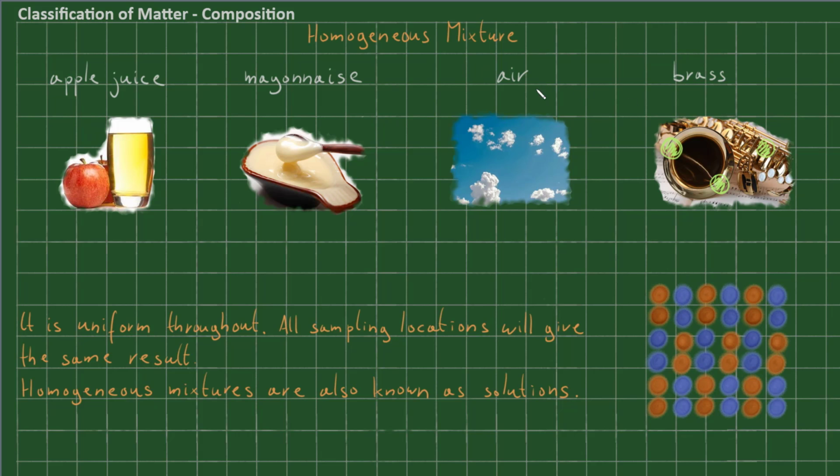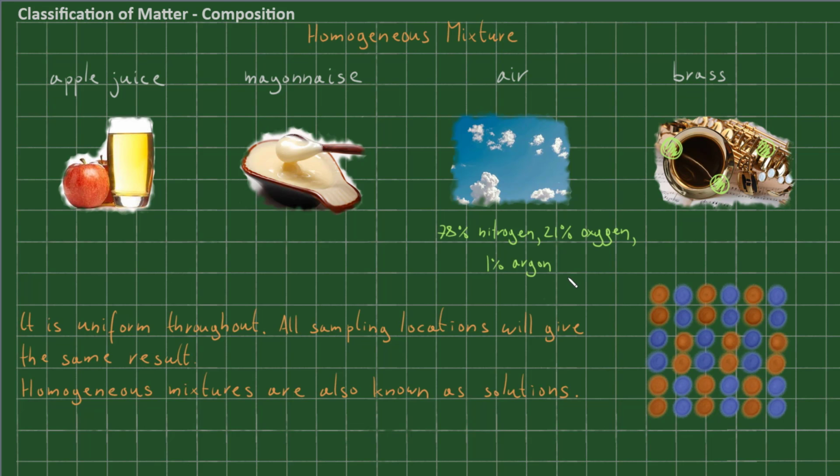In a similar fashion, air is a homogeneous mixture of oxygen, nitrogen, and argon. Roughly speaking, air is 78% nitrogen, 21% oxygen, and about 1% argon.